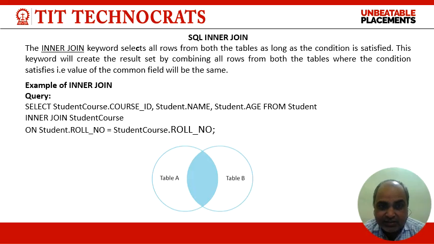The first table is student course, and the student table has the attributes course ID, name and age. We select the three attributes from student and write the inner join keyword with student course on student.roll number equal to student course.roll number.